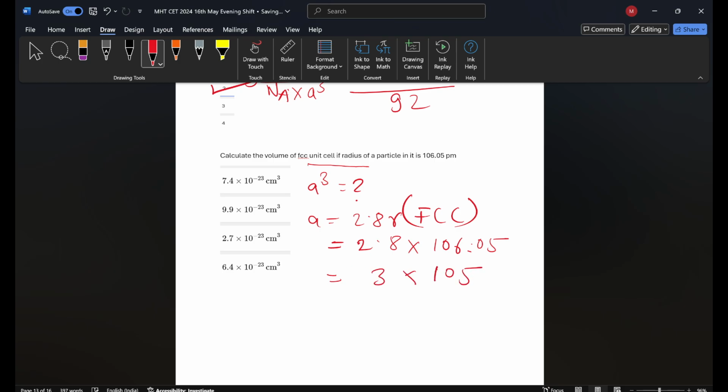This is close to 3. So 5 3s are 15 and 3. Right. So the value of A is around 315, and now we are just supposed to cube this. And again, it's a pure calculation, and there is no chemistry in this.